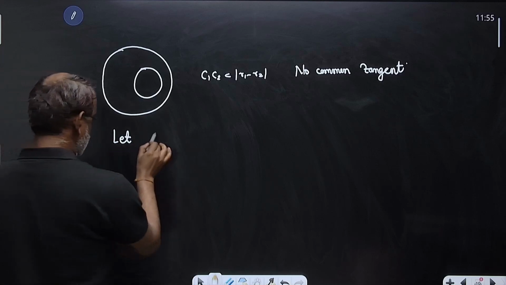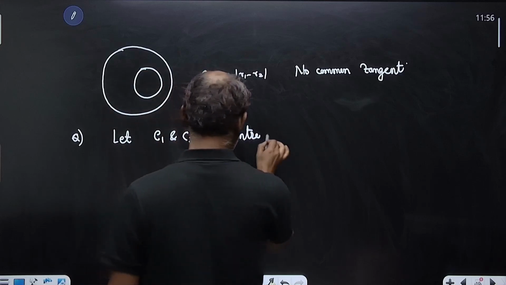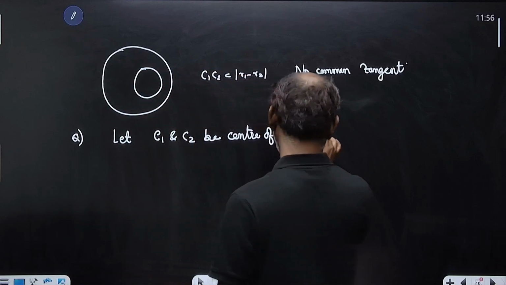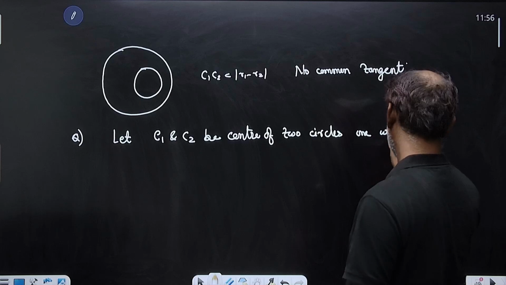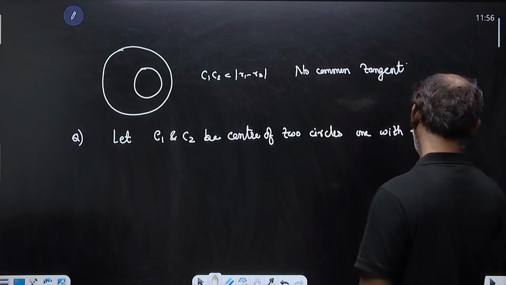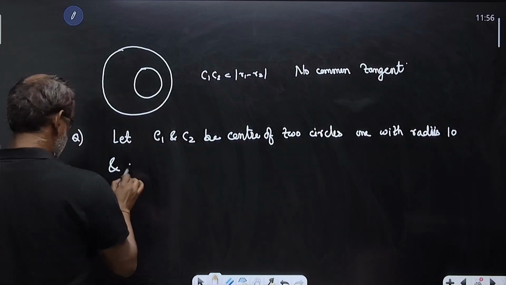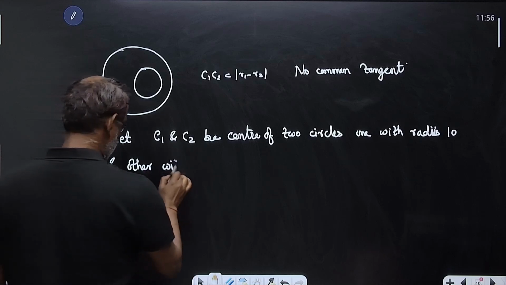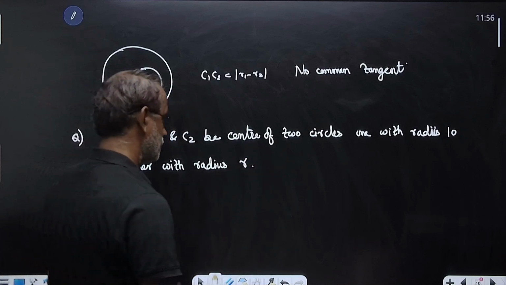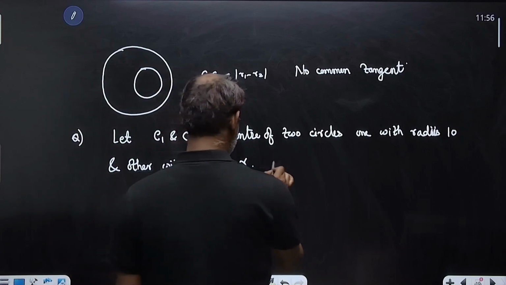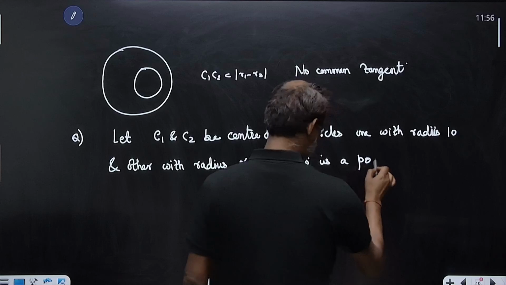Let C1 and C2 be the centers of two circles, one with radius 10, and the other with radius r, where r is a positive integer.